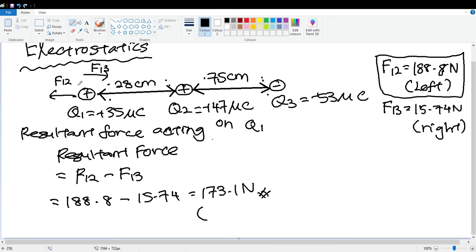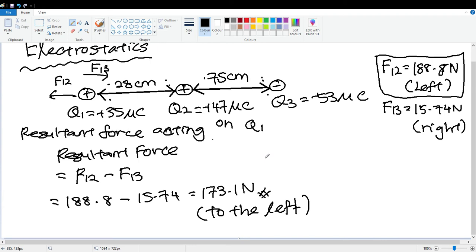The resultant force is towards the left, since F12 is stronger than F13. So this is how we find the magnitude and direction of the electrostatic force. We have done for this one.